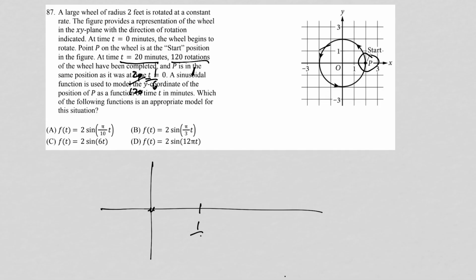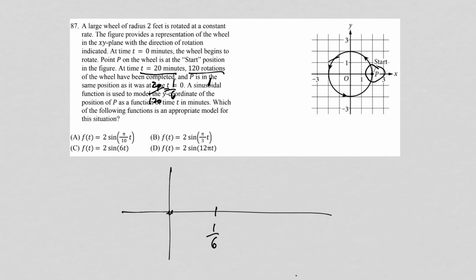So I'm going to go like that. 1/6 of a minute is a single rotation where P starts off here, then it goes to its high point, and then back to its middle point, and then to its low point. Basically, this 20 minutes at 120 rotations is just a fancy way of saying one rotation takes 1/6 of a minute.